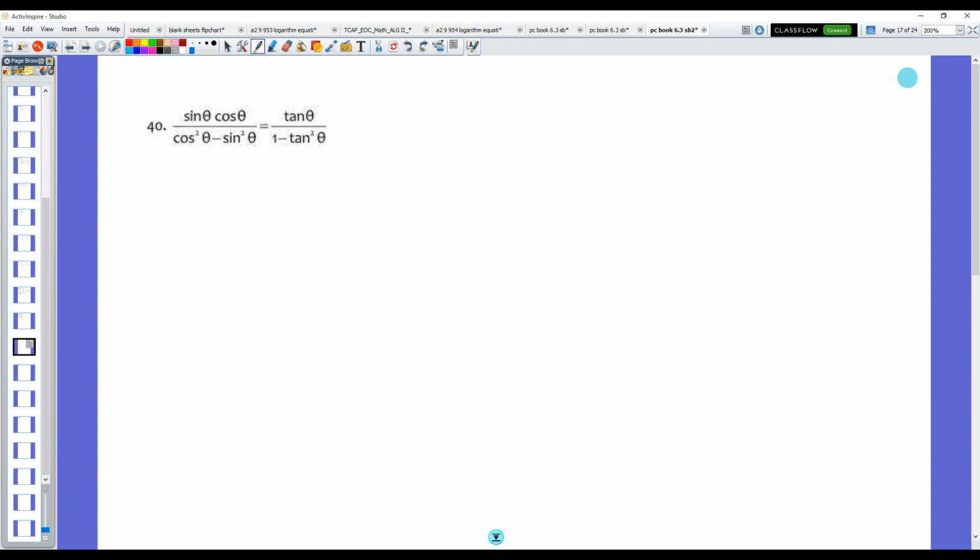Number 40, I'm going to change the tangents. So tangent becomes sine over cosine. Tangent squared becomes sine squared over cosine squared. Creating a complex fraction. Let's get rid of that complex fraction by multiplying top and bottom by cosine squared.